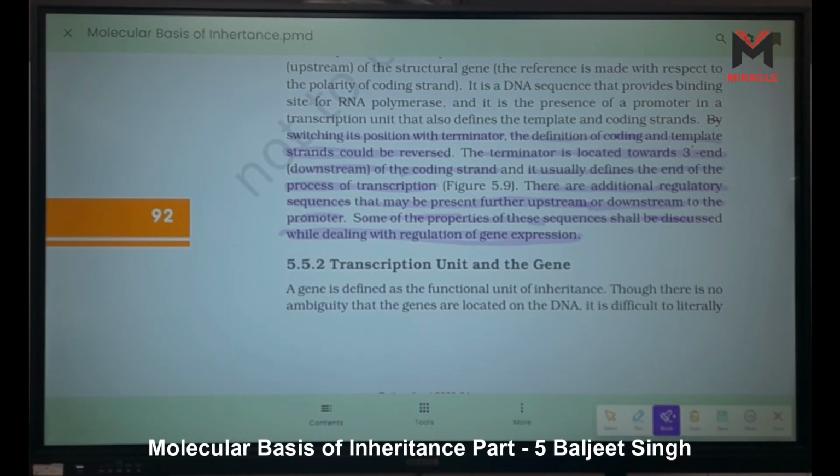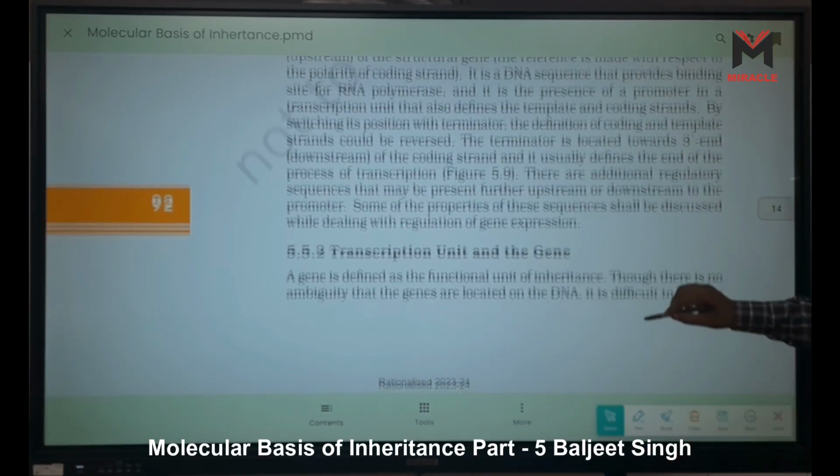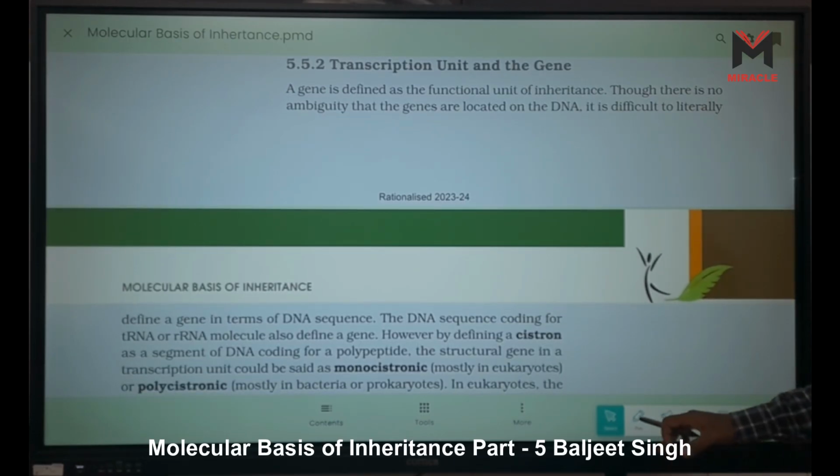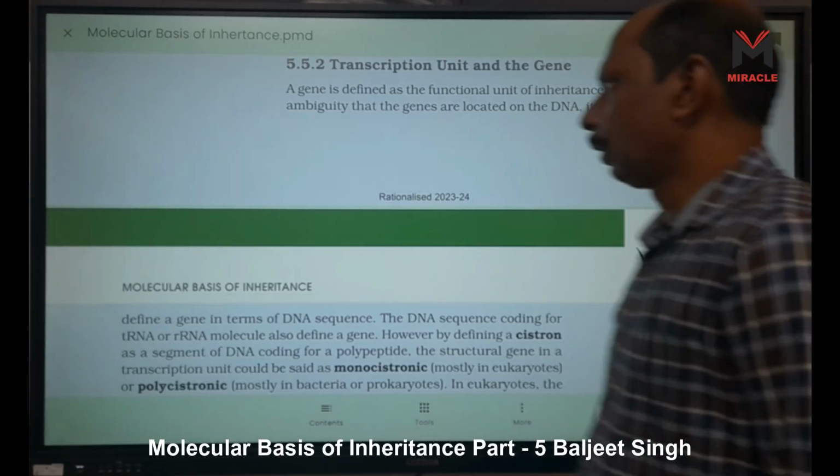Now, transcription unit and the gene. What is given here?